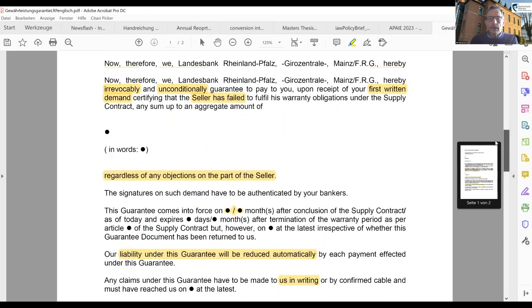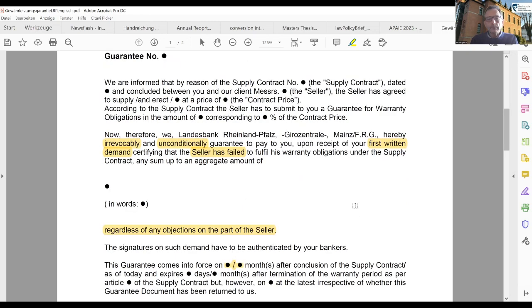If the beneficiary of the guarantee, in that case the buyer, states in written form that the seller has failed, then the bank has to pay.